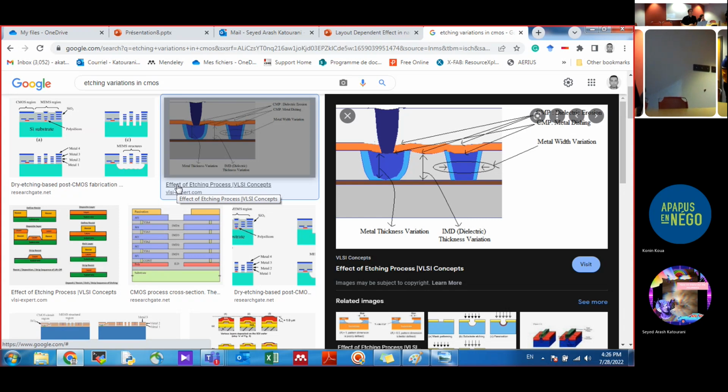Let's say if you draw just your metallization, you have metal one like this in your layout, and you have another metal one close here, this one and this one.